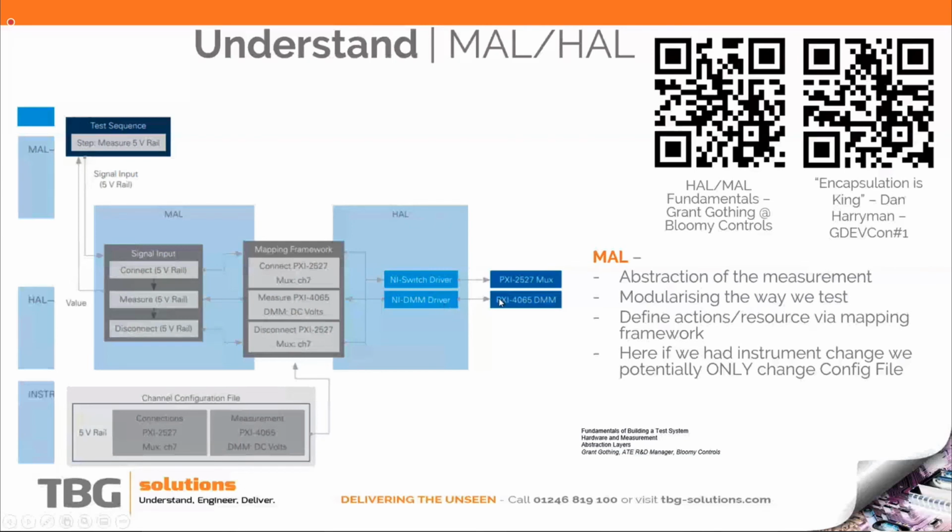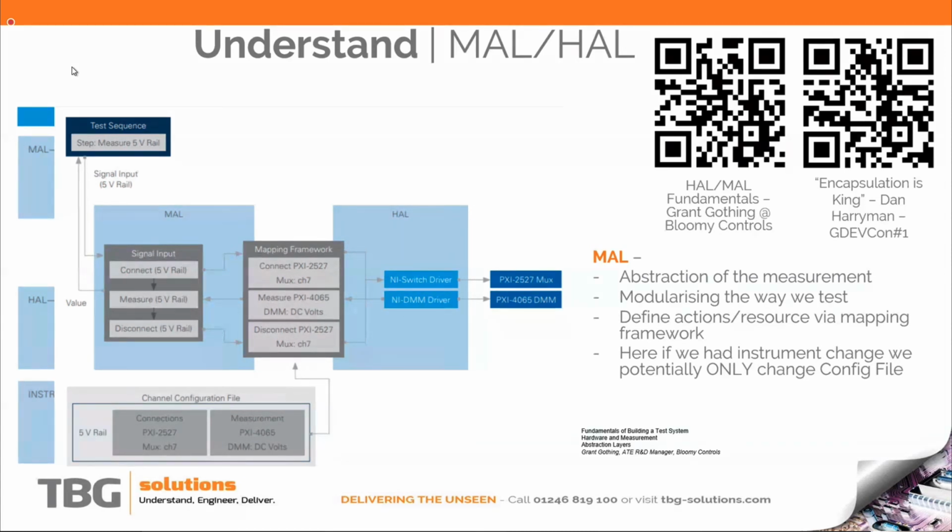That goes via the PXI backplane, talks to the card, gets the values back, and then passes the value back up to the test sequence for pass/fail. So again, this is going a level even higher, in that we're abstracting the measurement as well as the hardware itself. We're taking it to the next level.